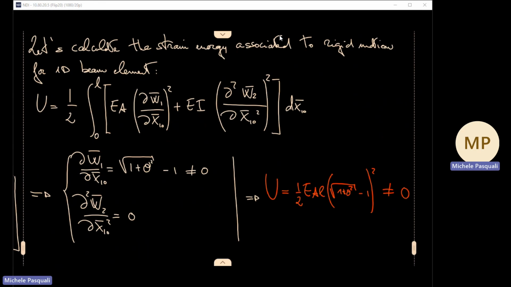So it means that the 1D non-isoparametric beam element is not capable of correctly representing, from an energetic point of view, a rigid motion, because it associates with a rigid motion a strain energy which is not 0.